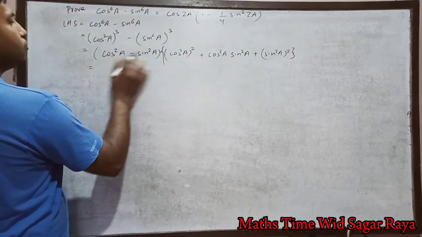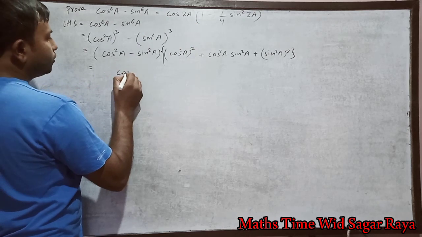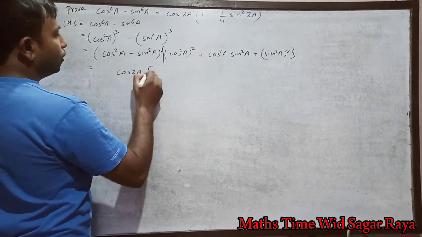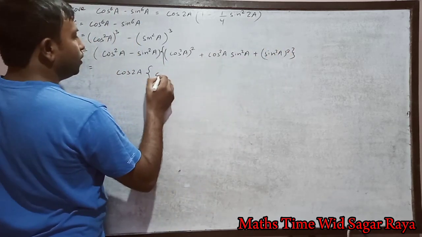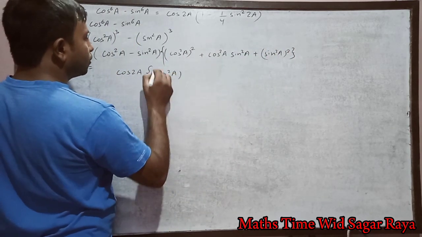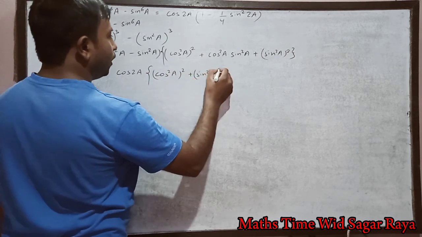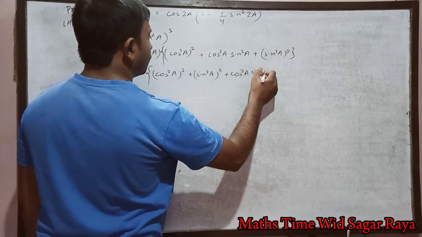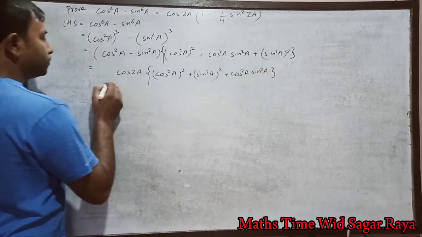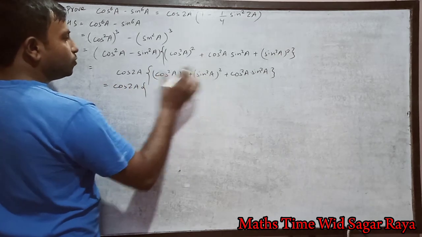Now cos²A − sin²A is equal to cos 2A, so let's write cos 2A. Then let's arrange the remaining part.